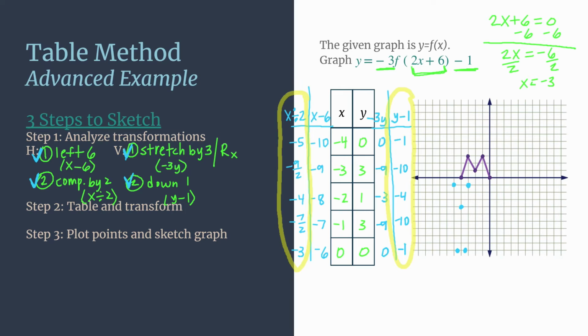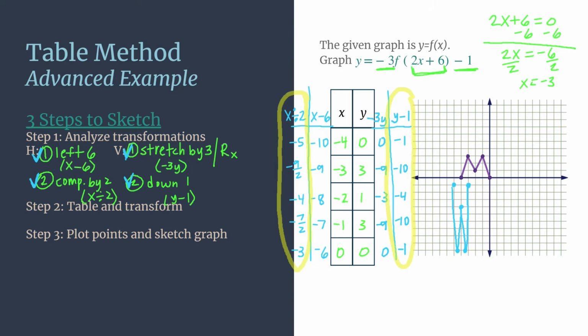All right, so you can kind of see that double U shape being created, and that should help us sketch in our final graph. All right, so there you have it, a very advanced transformation of our given graph.